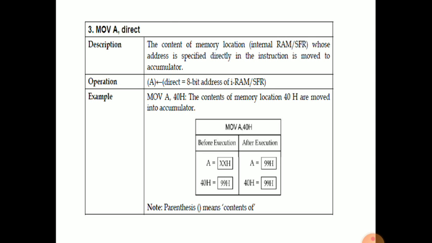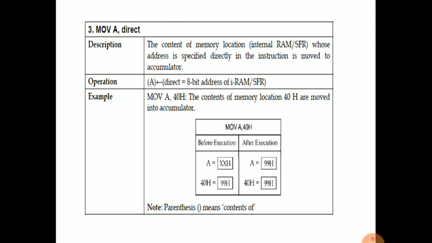Whatever direct address we give in the instruction contains some data that has to be moved into the accumulator register. That is mentioned in the operation part: the contents of A are filled or copied by the direct, that is the 8-bit address of internal RAM contents.